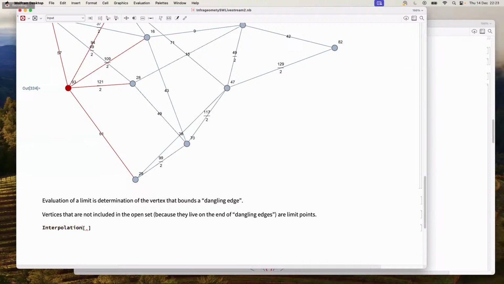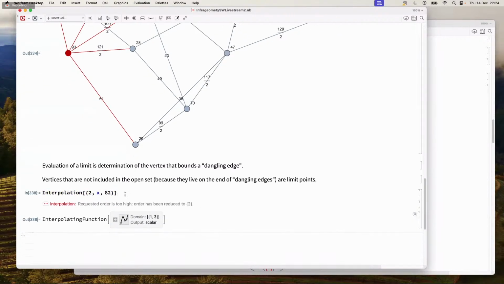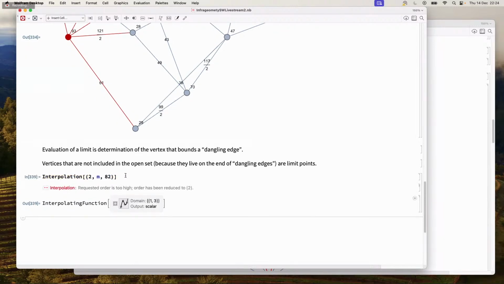I don't know the syntax for interpolation. Okay, so just say 2 and a list inside there: 2, comma, x, comma, 82. I should call that middle thing m. Call it m instead of x, and then function of x.